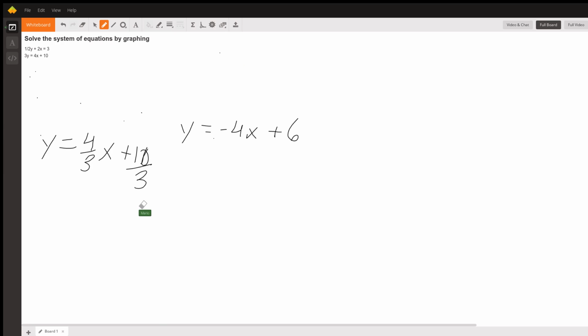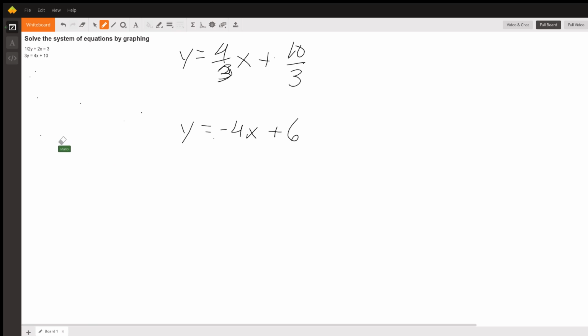And I'm going to rewrite this second equation here, y equals 4/3 x plus 10/3. And now what I'm going to do is just graph them. So I'm going to bring up the graphing tool here. And give me 1 second.